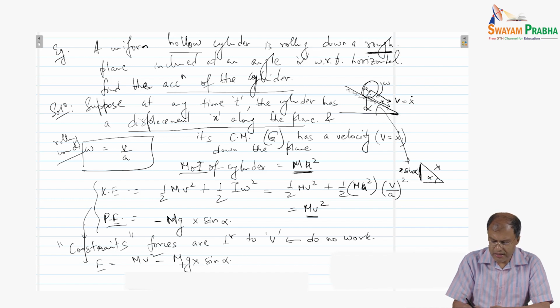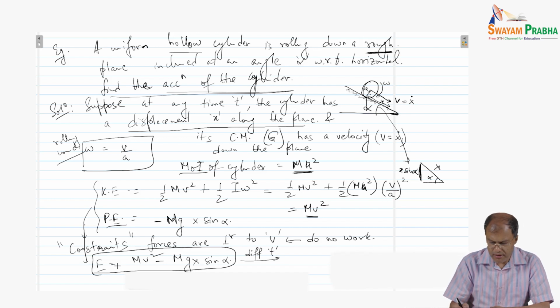And we see that we can differentiate. What do we want to find? We want to find the acceleration of the cylinder. We can differentiate this whole identity with respect to time, and we know that the total energy is not changing with time, so dE/dt will be 0. From there we can find out that the acceleration dV/dt of the cylinder comes out to be g by 2 sine alpha.